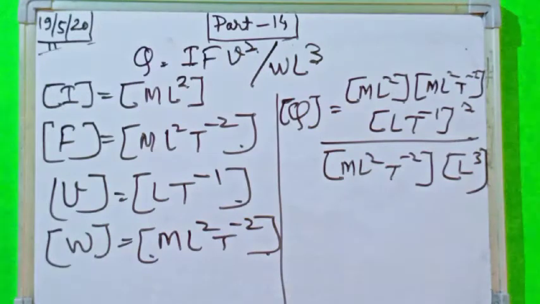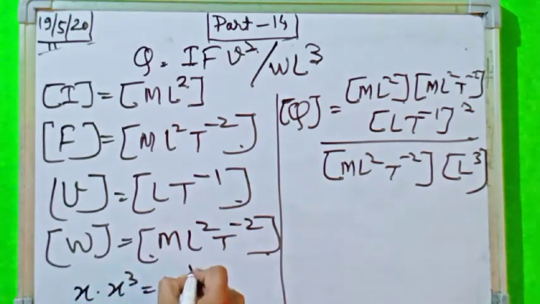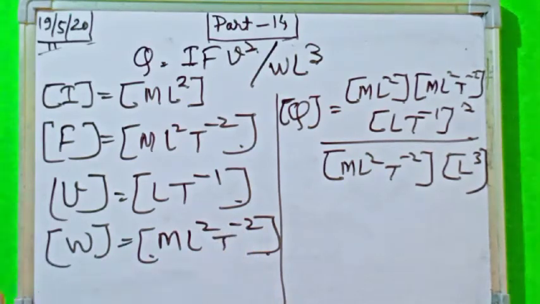Clear? Now simple multiplication, what do you do? For variables, if x is multiplied by x square, then the product is x to the power 3. So that simple multiplication we will do.